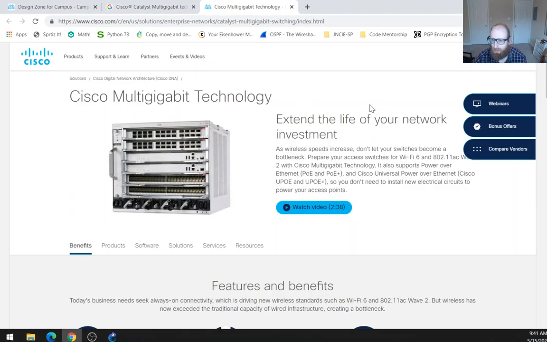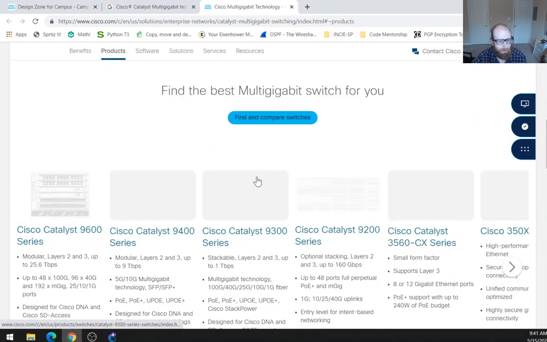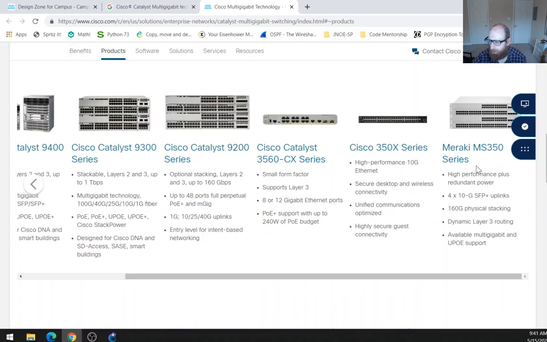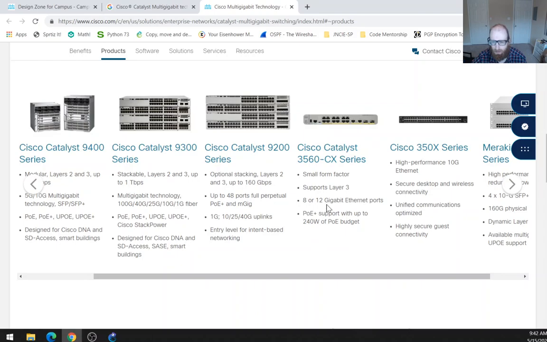So here's multi-gigabit technology. Let's look at the products, and let's just take a look at what features these have in common. So yeah, we've got 10 gig ports. All of these appear to have 10 gig ports. I'm not sure what this has. Oh, this has gigabit. I'm surprised this one's still out there.